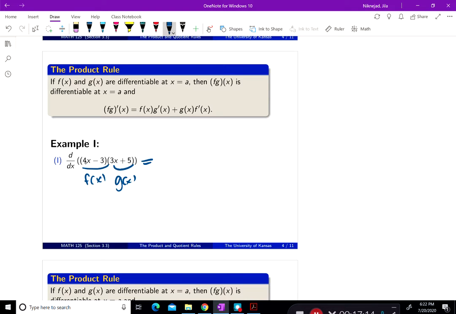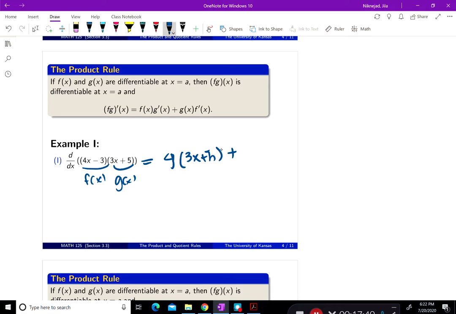So I take the derivative of, let's say, f of x. Either term can come first, right? The derivative of 4x is 4, the derivative of negative 3 is 0, so it's 4. Then I have to multiply it by g of x, which is 3x plus 5.